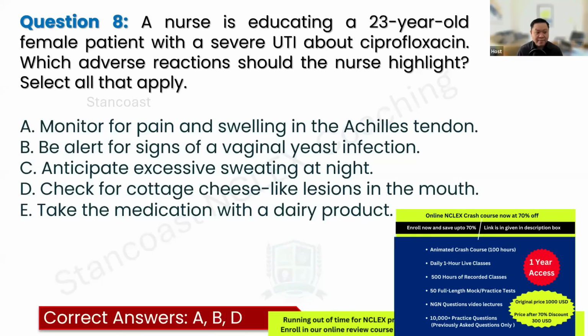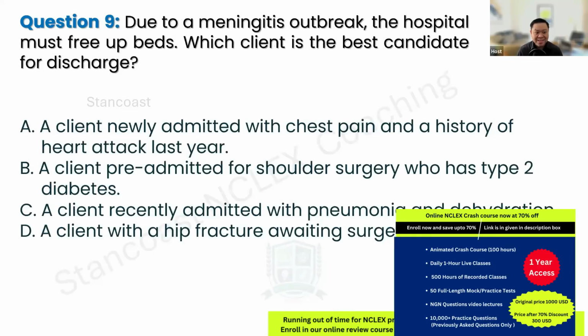Next question, number 9. Due to a meningitis outbreak, the hospital must free up beds. Which client is the best candidate for discharge? A. A client newly admitted with chest pain and a history of heart attack last year. B. A client pre-admitted for shoulder surgery who has type 2 diabetes. C. A client recently admitted with pneumonia and dehydration.